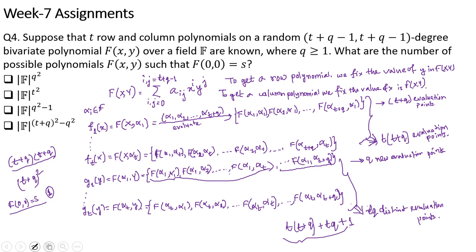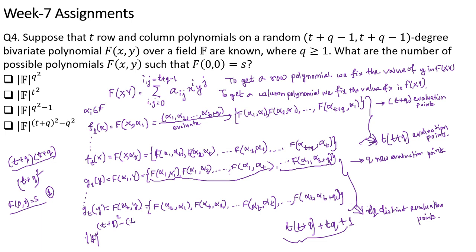So we can say that the possible polynomials f(x,y) are upper bounded by the size of the field F to the power (t plus q) square, which is needed to get all the coefficients of the polynomial, minus these many evaluations that are already there.